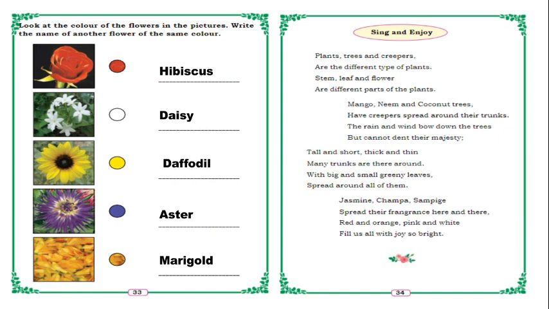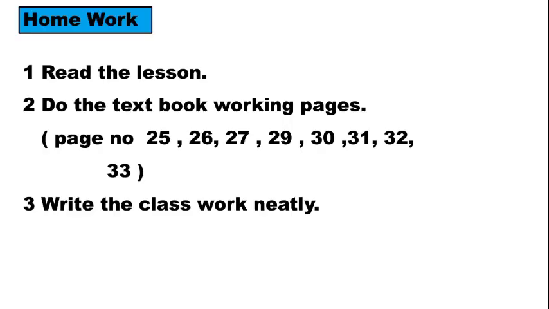Tall and short, thick and thin, many trunks are there around, with big and small greeny leaves spread around all of them. Jasmine, champa, sampige spread their fragrance here and there. Red and orange, pink and white fill us all with joy so bright. You can also sing and enjoy.